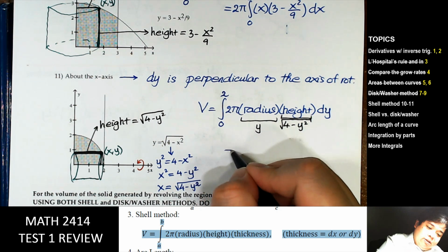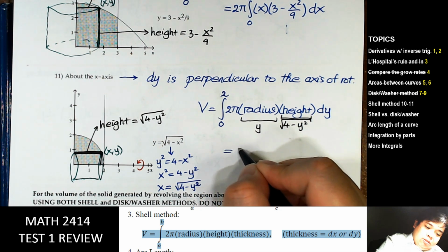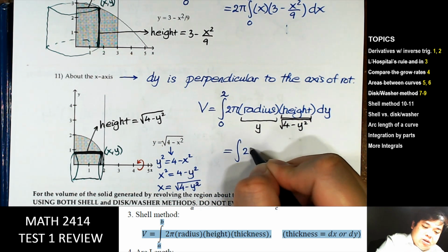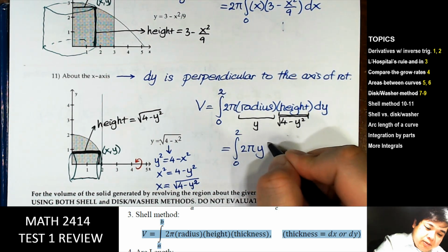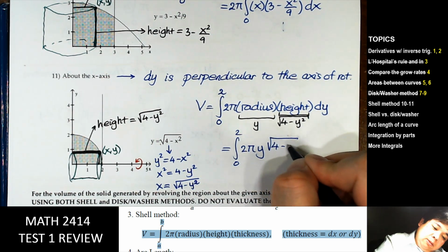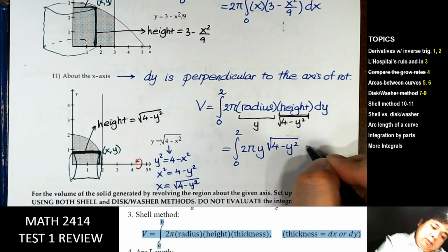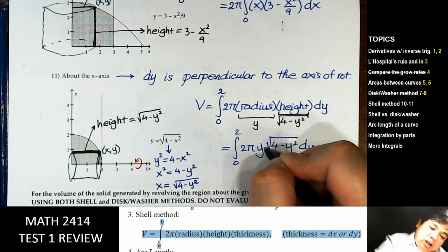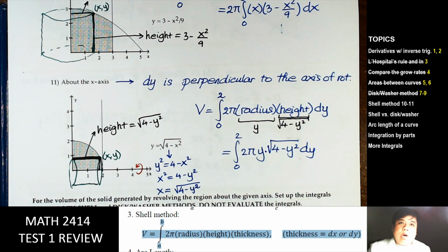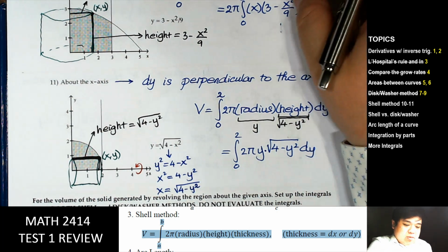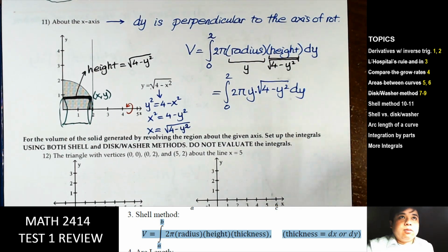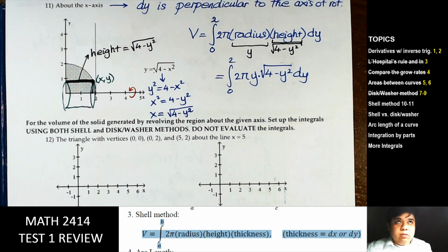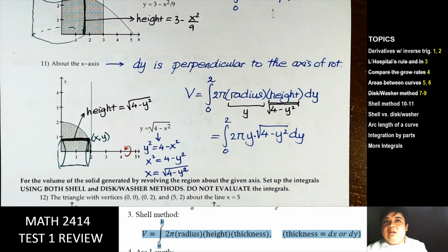So we just have the integral from 0 to 2, and the 2 pi just stays outside. So y times the square root of 4 minus y squared dy. Put that in the calculator, get that. So that was the shell method.